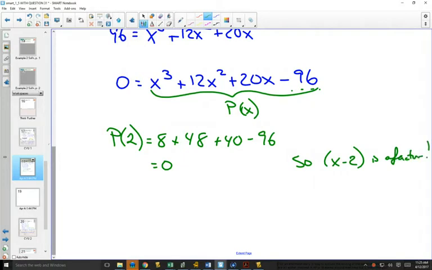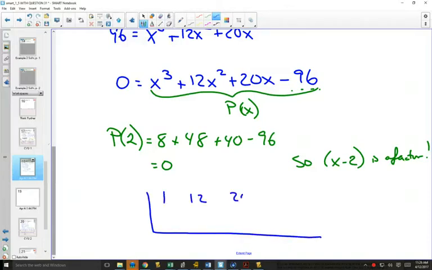Now, part of the reason we want to solve this algebraically is because guessing and checking shows us that 2 works, but it might be that there are other answers that work as well. By solving it algebraically, you find all of the answers and are able to say for sure what the final answer should be. So once you know that x minus 2 is a factor, what do you have to do to factor this completely? You're going to have to use synthetic division.